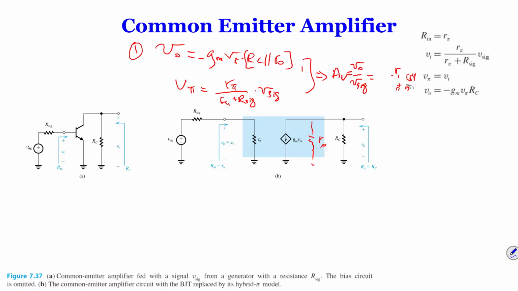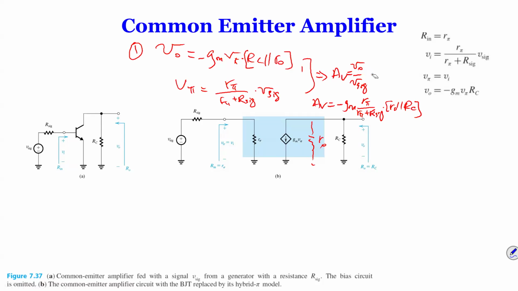There's not enough space, let me write it in the second line: minus GM times R pi over R pi plus R sig, and RO in parallel with RC. Okay, so that's your gain.